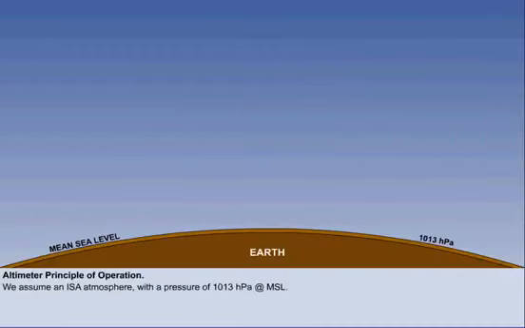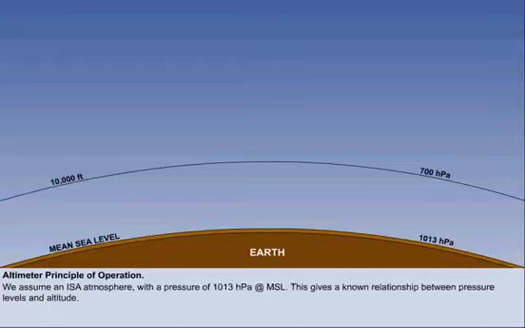Now let's consider the principle on which the altimeter works. We assume an ISA atmosphere with a pressure of 1013 hectopascals at mean sea level. If it is an ISA atmosphere, 10,000 feet will occur at a pressure of approximately 700 hectopascals. 20,000 will be at 450.